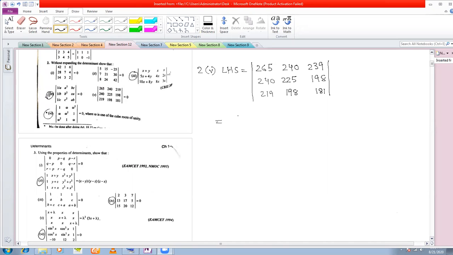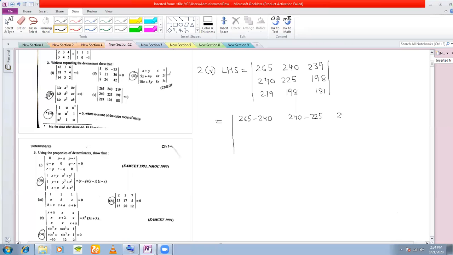So you have 265 and 240. What is the difference? 25, 15, and this is 239 minus 198, and this remains as it is, 240, 225, and 198, 219, 198, 181.